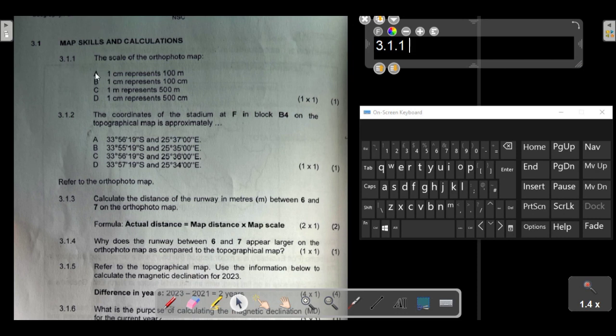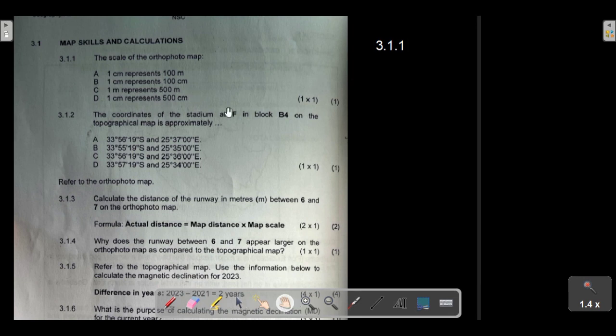Option A says 1 centimeter represents 100 meters. B, 1 centimeter represents 100 centimeters. C, 1 meter represents 500 meters. And D, 1 centimeter represents 500 centimeters.